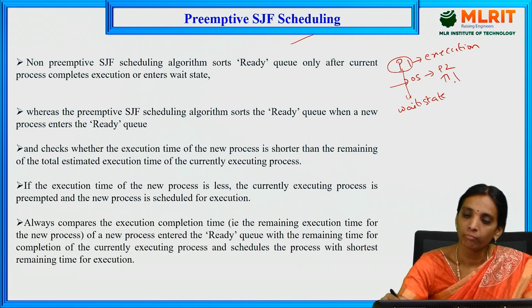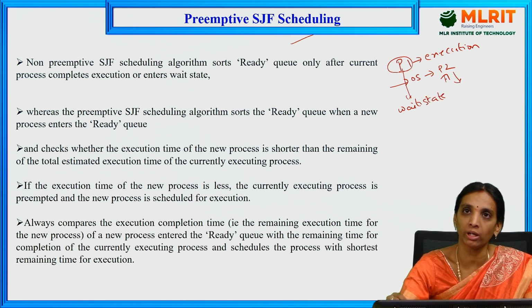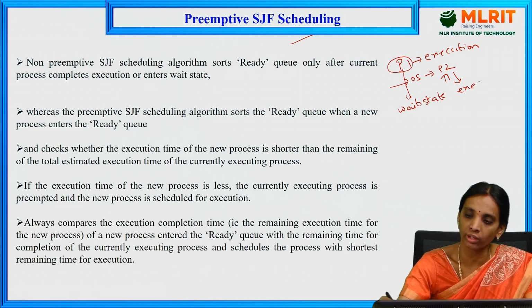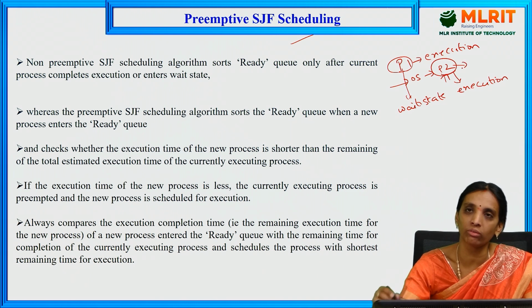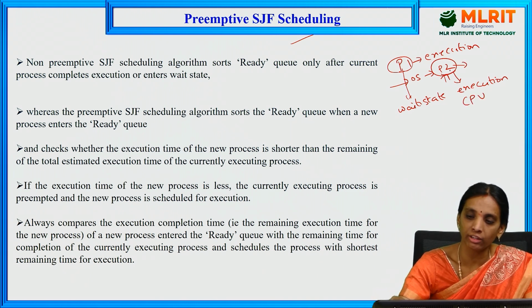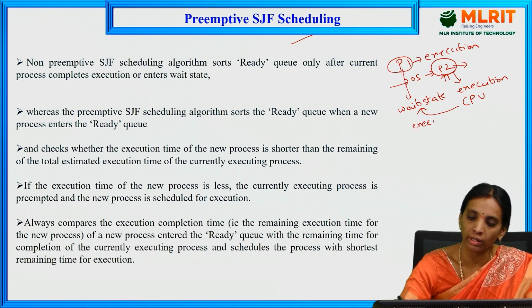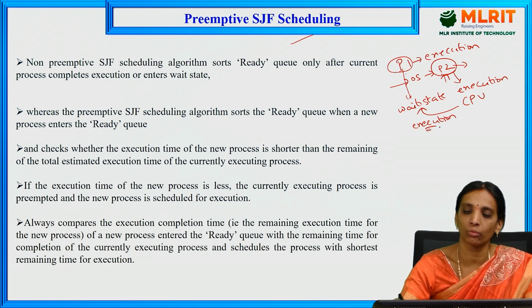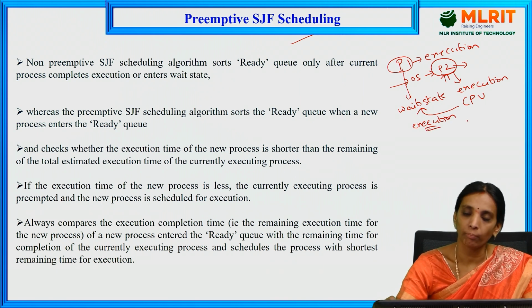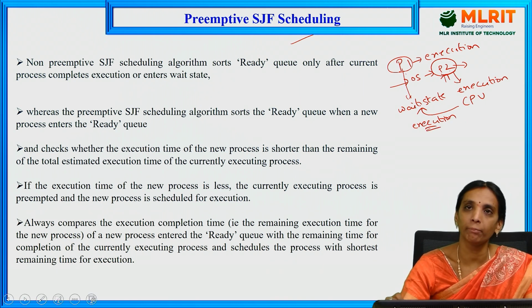The process having the highest priority, which entered just now, goes for execution. After completion of process 2 execution, the CPU is released by P2 and allotted to the P1 process. Now P1 goes for execution and completes its execution. This is the method of preemptive scheduling.